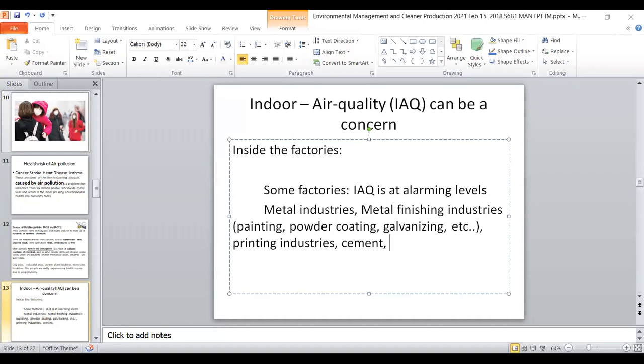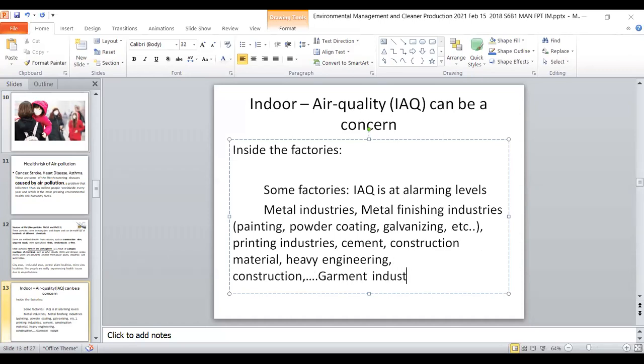Cement, so construction material. Then other heavy engineering, and even construction. And even the garment industry. I think in the garment industry there is also a lot of powder-like formation, maybe fine particles of fabrics.